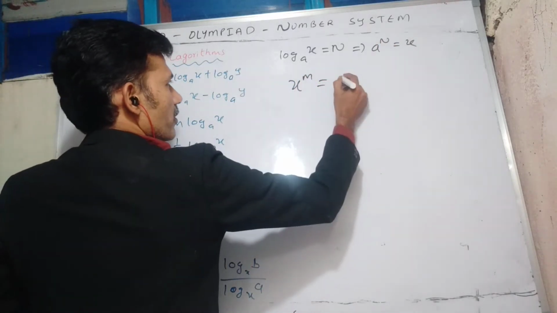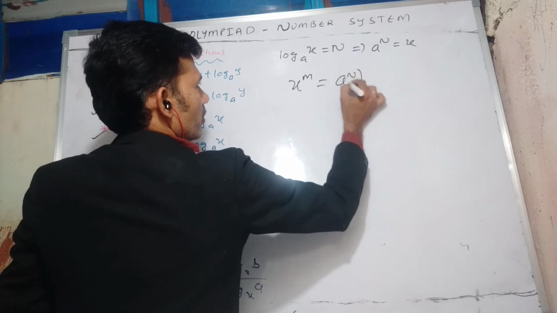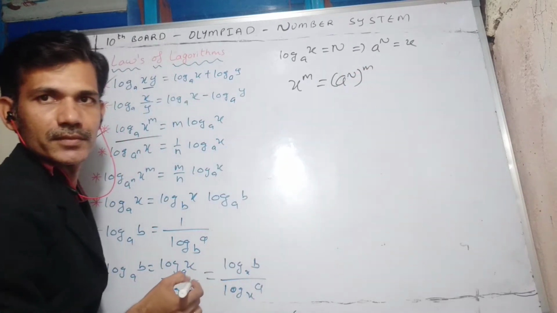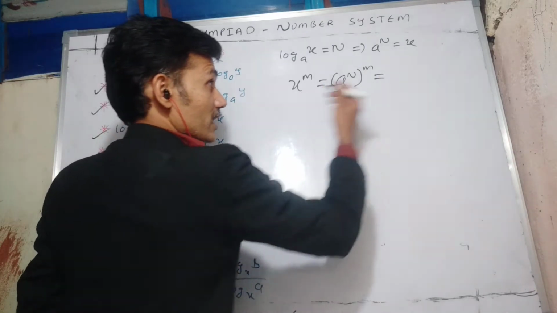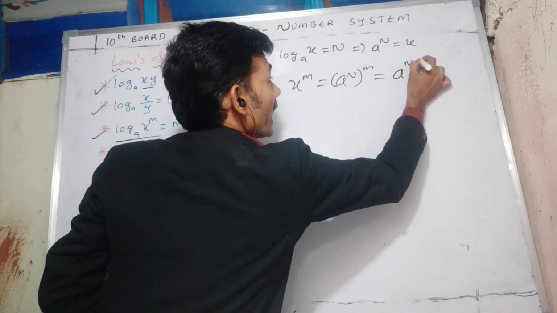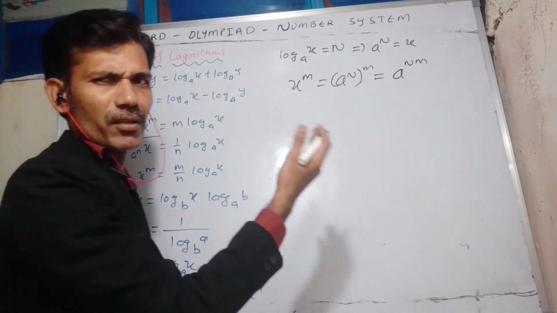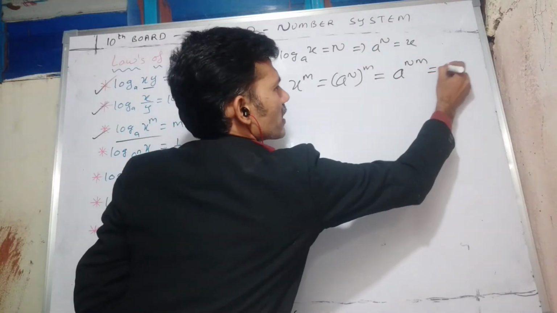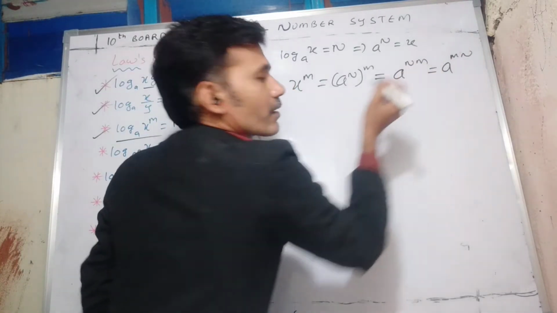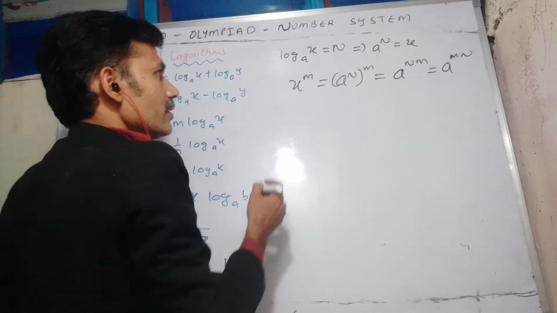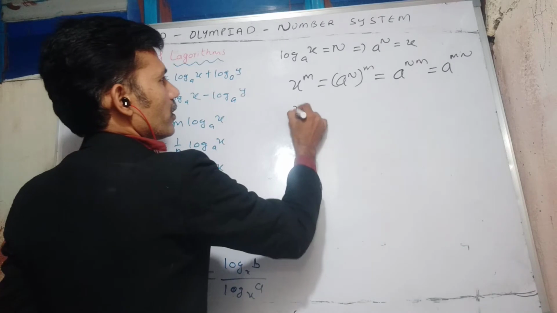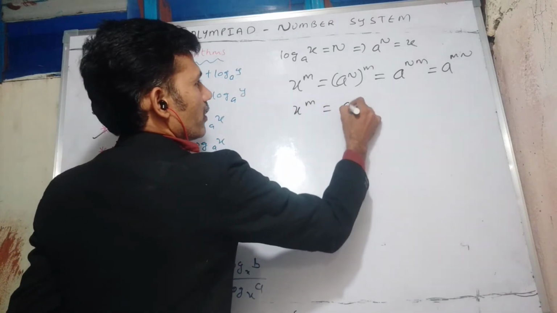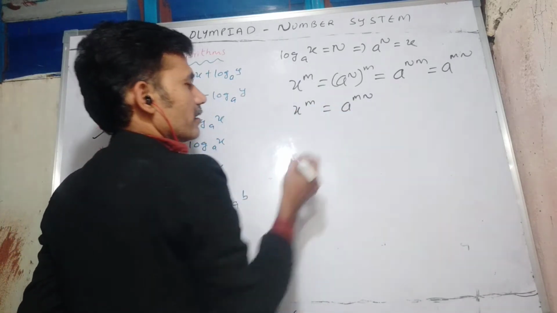Here x is a power n, whole power m. So power of power property you have to use, laws of exponents. A power n times m, or m times n also you can write. Both are same by commutative property. Now see, x power m, what we are having? A power m times n.